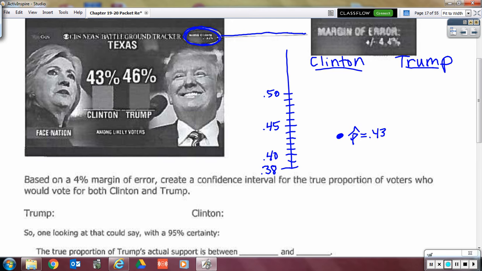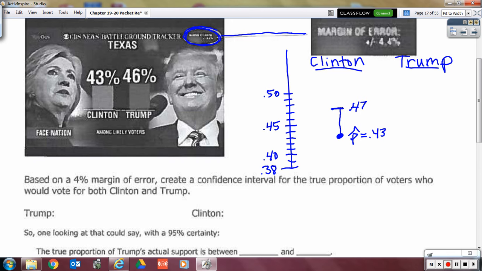If the margin of error is 4 percentage points, that means my whisker will go up 4 percentage points. So what's 4 percentage points up from 0.43? 0.47. Very good. So that margin of error means I'm pretty confident it can go up to 47 percentage points.